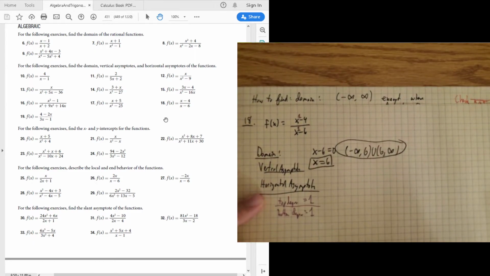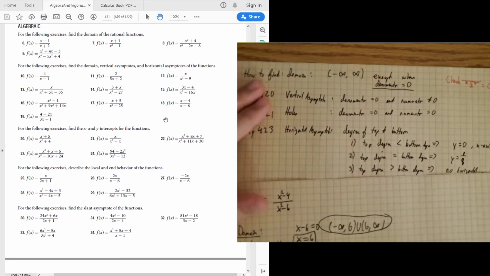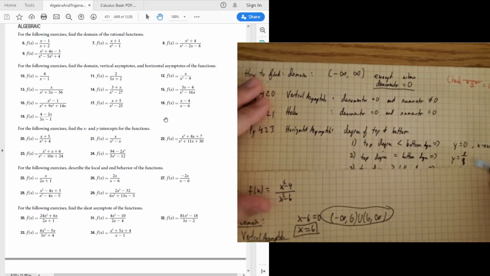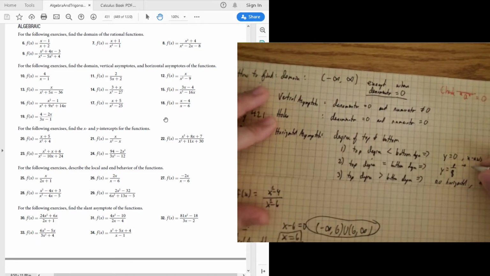So where's the asymptote? Well, it says that y equals, and notice the peculiar phrase, p over q. P is the coefficient of my degree. Q is my coefficient of my degree.